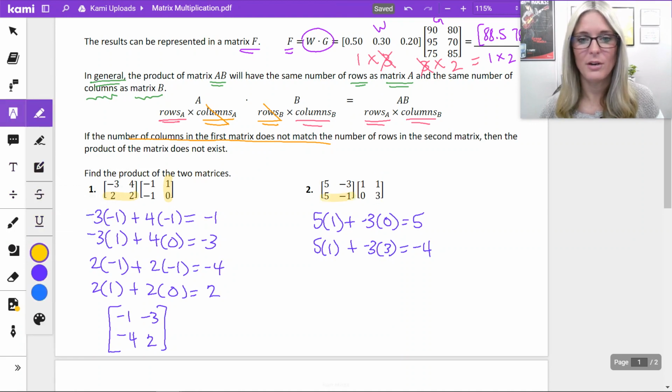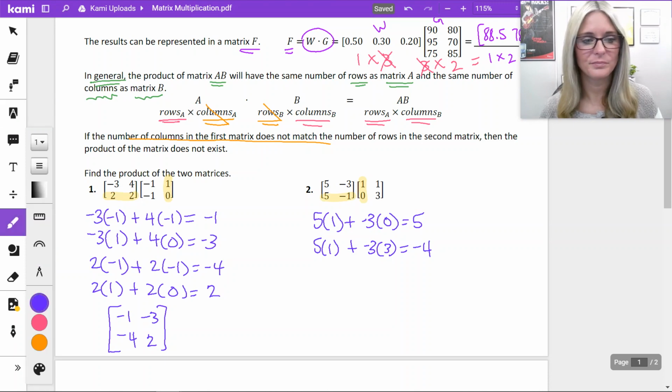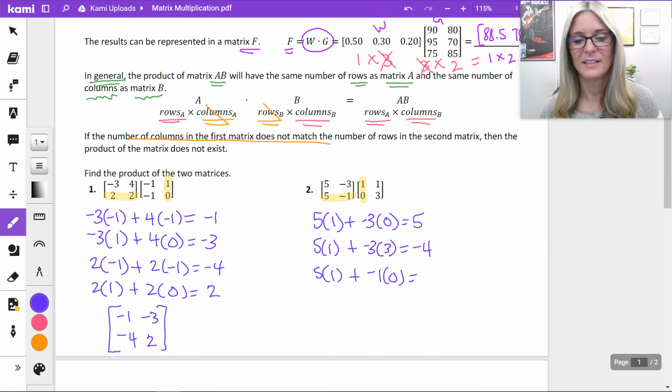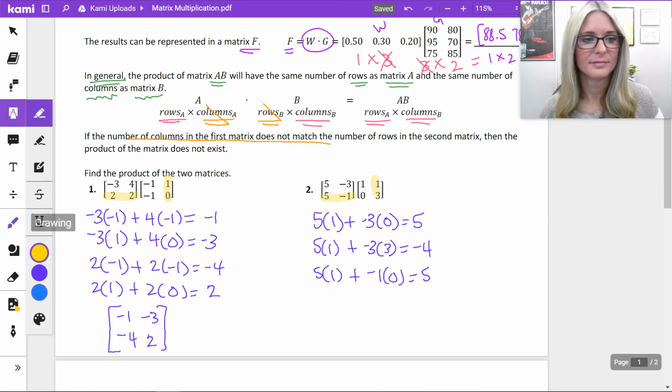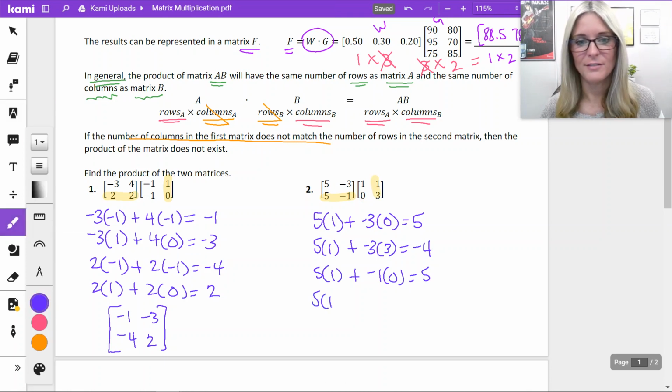So second row, first column. 5 times 1 plus -1 times 0. Gonna have 5 there. Move to the next column. We have 5 times 1 plus -1 times 3. Gives us 2.